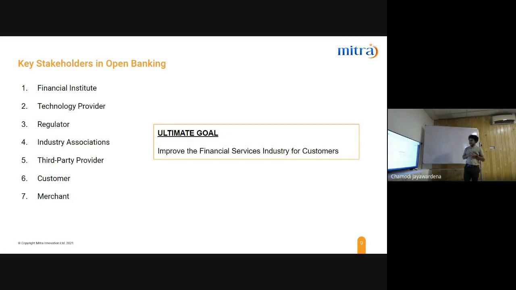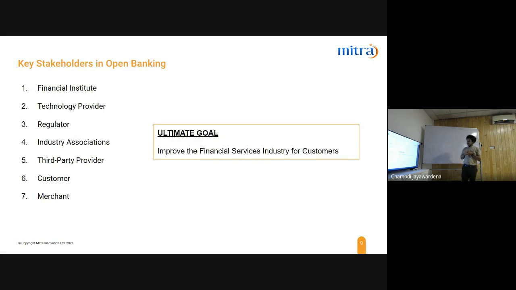As we discussed earlier, now you're clear about what open banking is. There was a set of open banking stakeholders you have seen. The first is the financial institute, that is the bank, and the technology provider is the one who provides the technology for the bank to expose their APIs. Regulators and industry associations are the ones who come up with these regulations to expose these APIs, maybe standardizations.